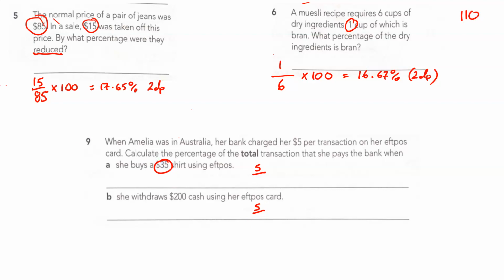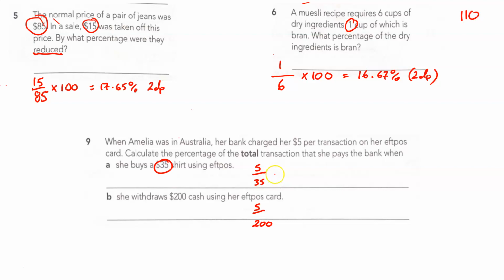Kind of makes sense that on a smaller item, and it's why it makes sense to only buy big items using EFTPOS when you're in Australia, is that the $5 becomes a bigger percentage in the 35 than in the 200. So that's their fraction.